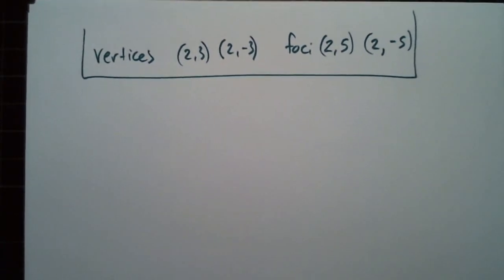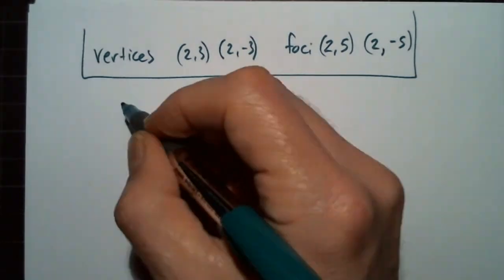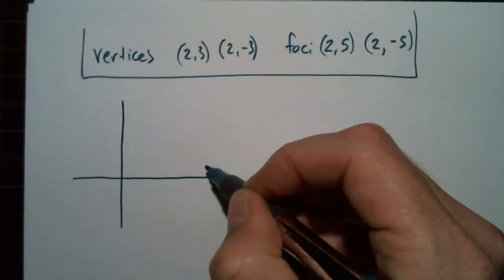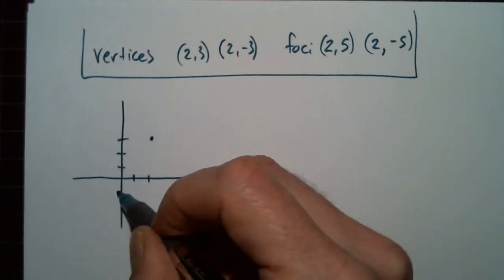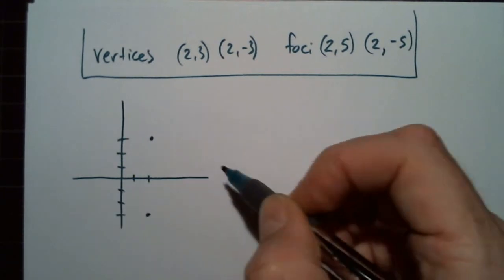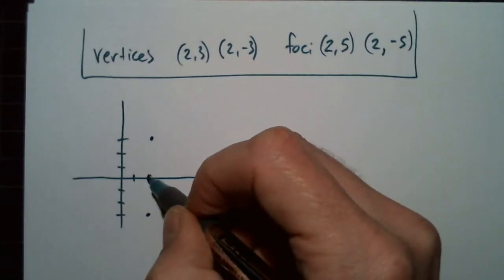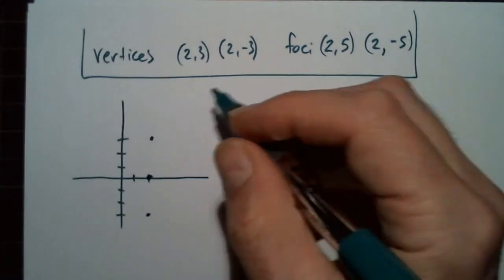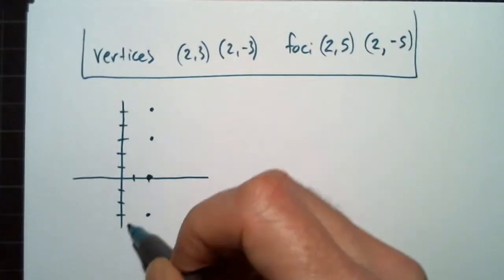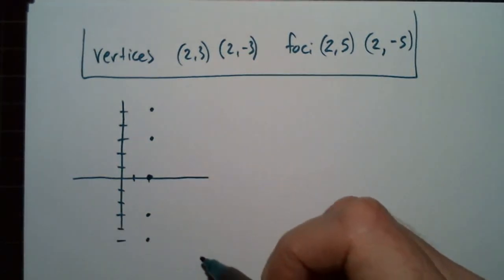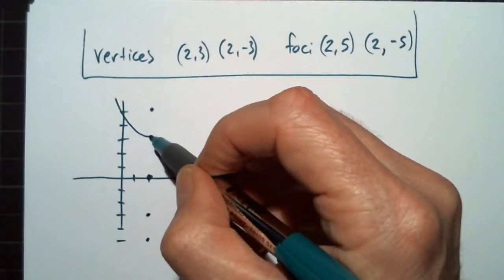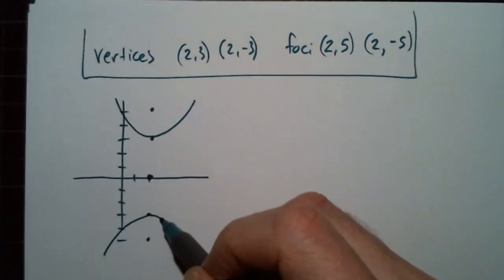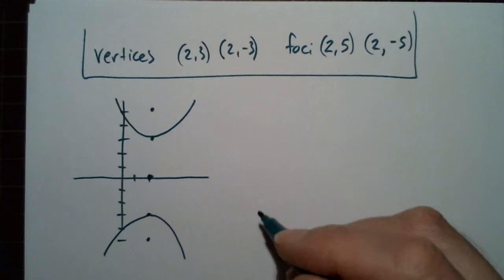And here we're not going to have a center at the origin, so it'll look a little different. Those are the vertices, so we see the center is there, and the foci will be up 5 and down 5, and the hyperbola must open like that.